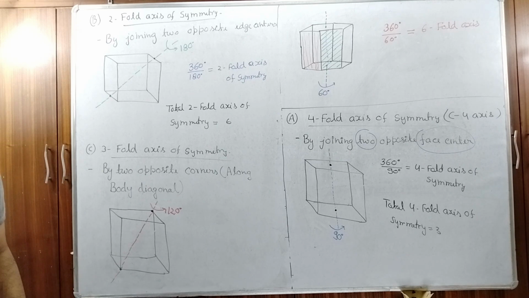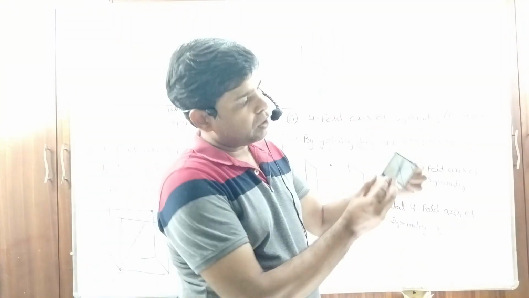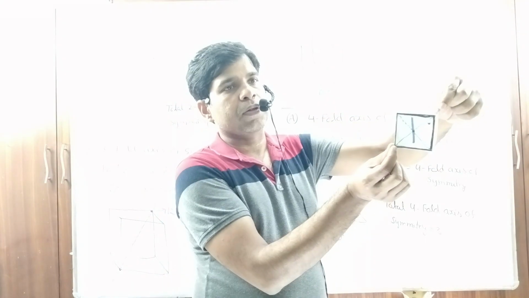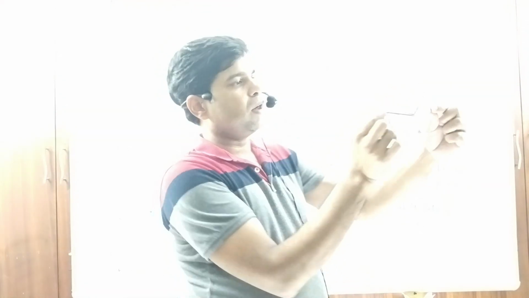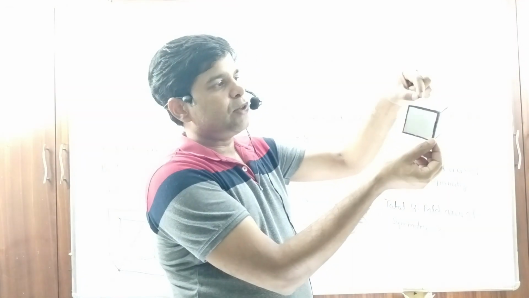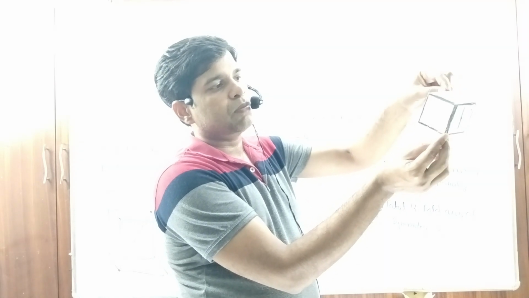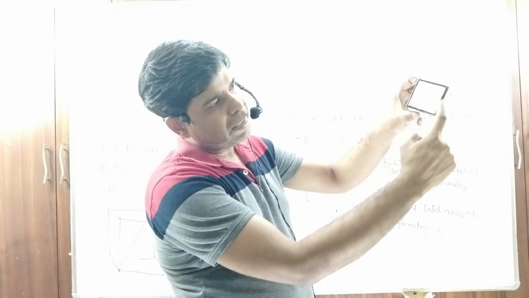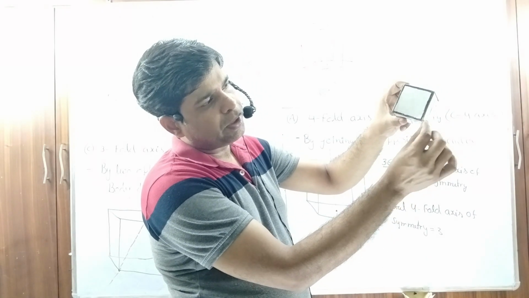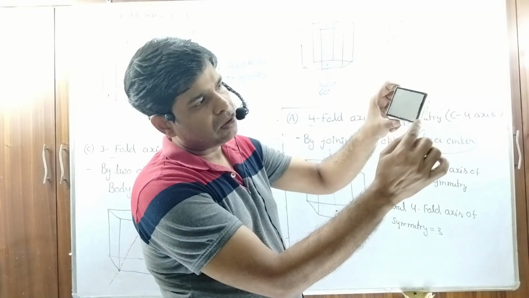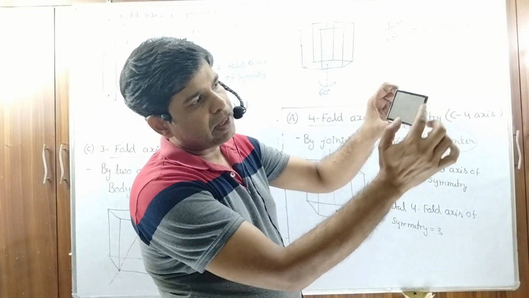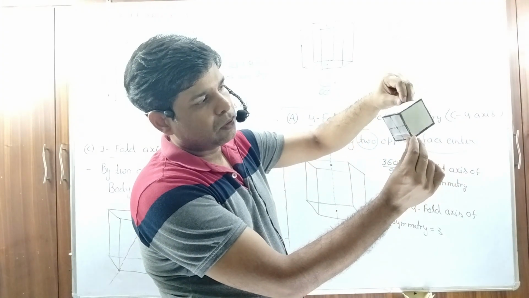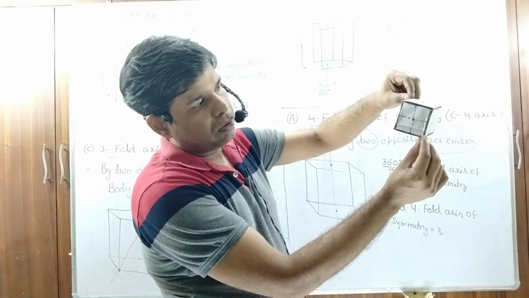Let's see. Look at this, students. I have my two fingers at the two opposite corners, and if I join these two corners through a line, that gives the body diagonal. Now you check, at this corner we have three lines, 1, 2, 3. Now I rotate this molecule by 120 degrees.